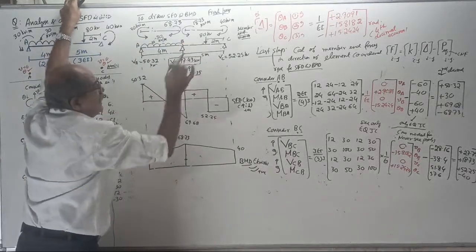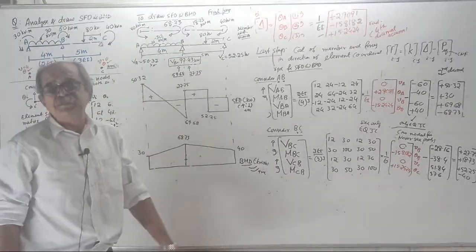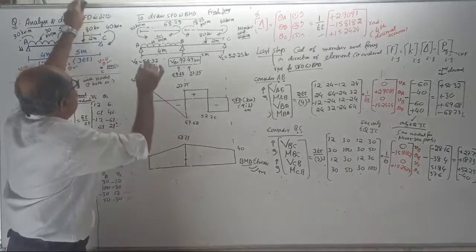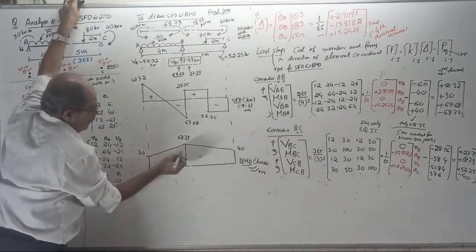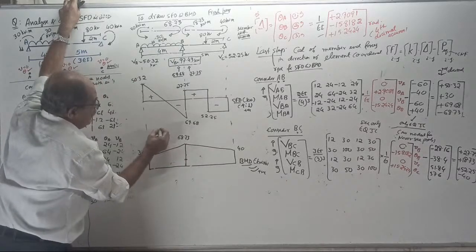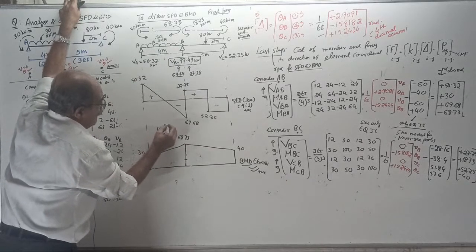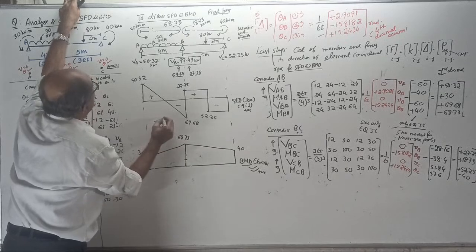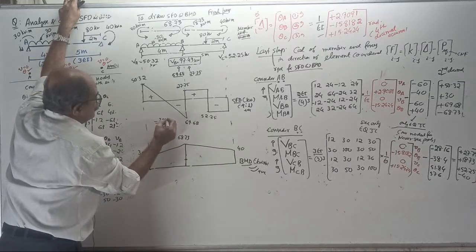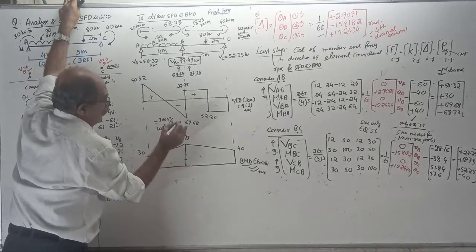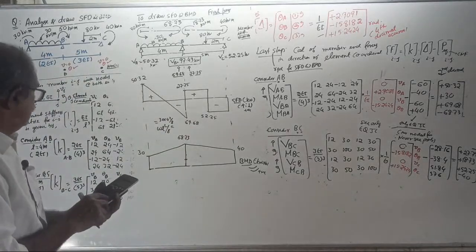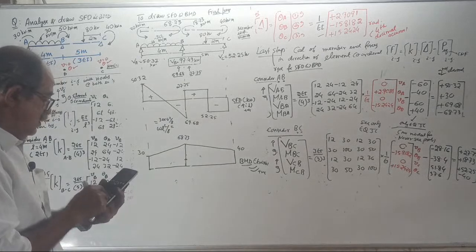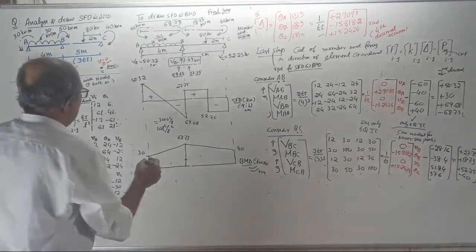Now, consider each beam as a separate simply supported beam. AB: BM is 0 here, BM is 0 here, and the center BM is WL square by 8. Calculate 30 into 4 square by 8, equal to 60.